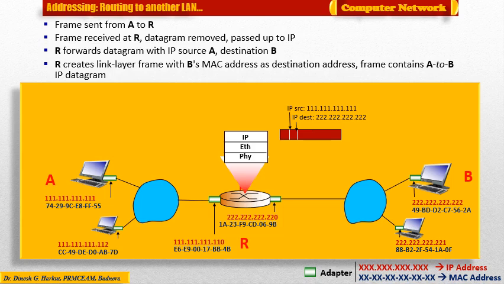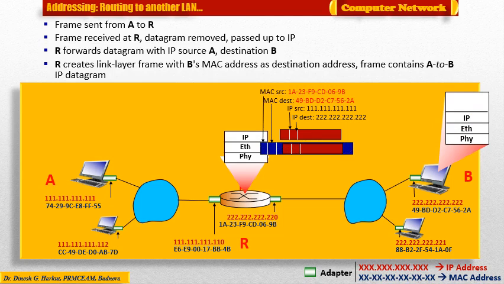This particular datagram has been encapsulated into the frame with the appropriate source as well as destination MAC address. Here the source MAC address is the MAC address of this particular outward interface, and the destination MAC address is the MAC address of the final destination.